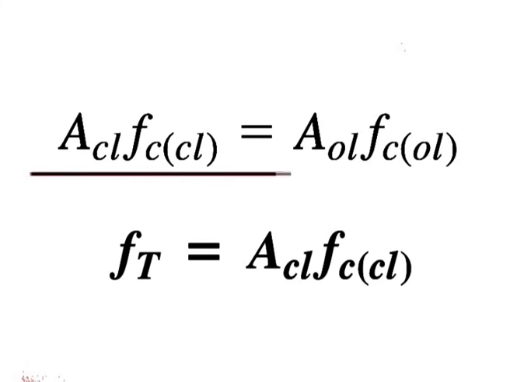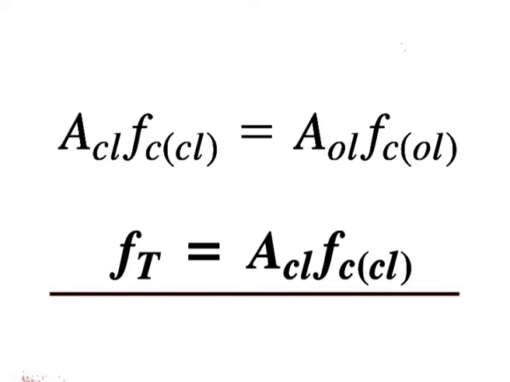If you let ACL represent the gain of any of the closed loop configurations and FCCL represent the closed loop critical frequency, same as the bandwidth, then ACL times FCCL is equal to AOL times FCOL. The gain bandwidth product is always equal to the frequency at which the op-amp's open loop gain is unity, or 0 dB, and is given by this equation, where Ft is equal to ACL times FCCL.